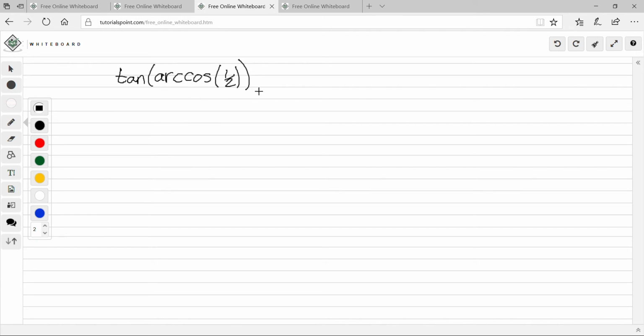I can actually rewrite this as tangent of cosine inverse of 1/2.